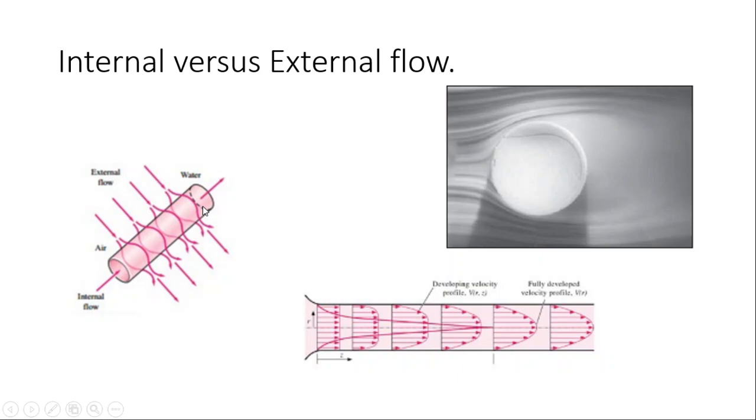This category of flow we can categorize as internal flow. Although, if this pipeline is placed in such a manner that the fluid is flowing over the surface of the pipe, then we can categorize it as external flow.